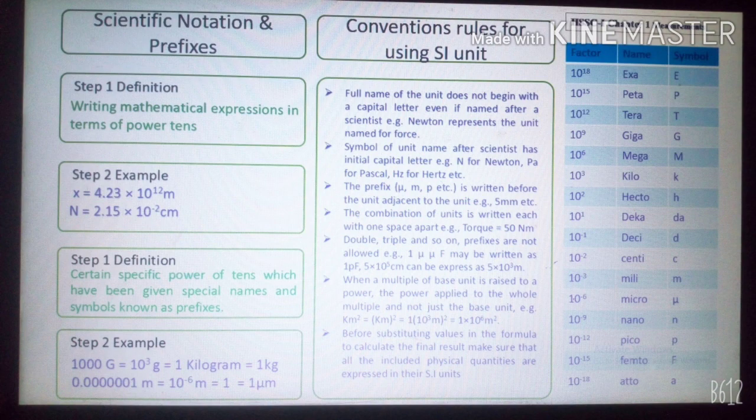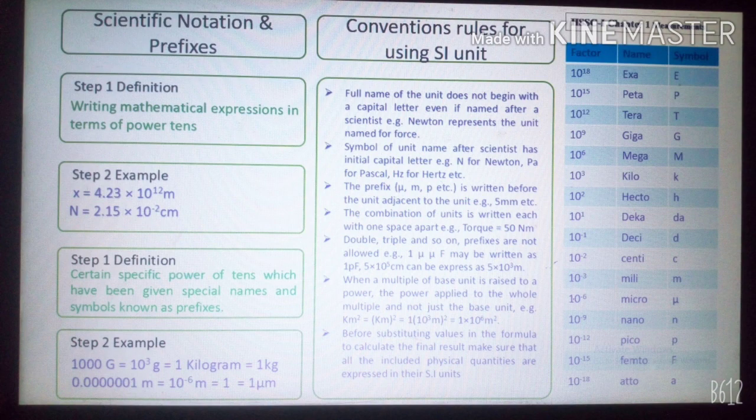The last point is related to this: before substituting values in the formulas to calculate the final results, make sure that all the included physical quantities are expressed in terms of SI units.